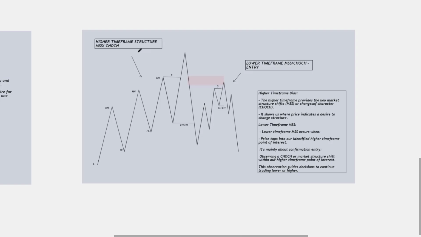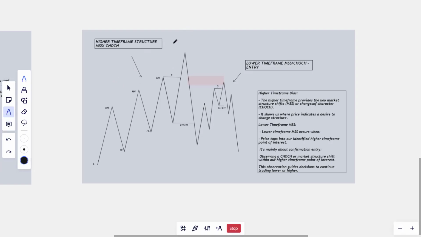Those are the ones that we mainly look at to understand where price is changing character, or where price is changing structure. So that's number one. Understand the higher time frame structure, and then understand the lower time frame structure. The lower time frame market structure shifts are just for entries, and the higher time frame market structure shift is for us to understand where price is probably leading us to.